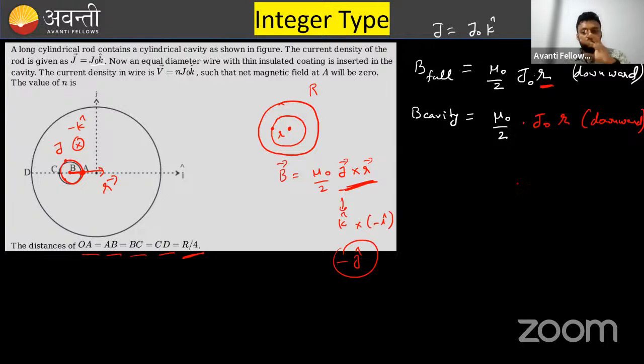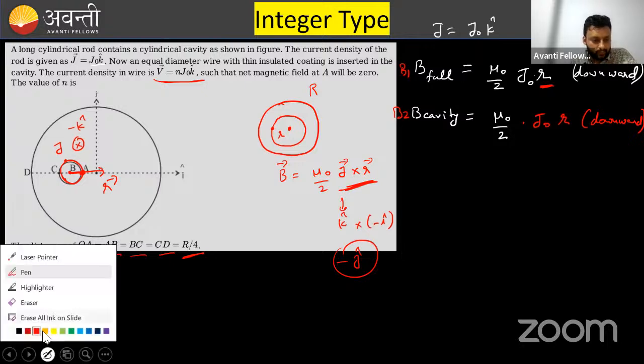Now this is due to the original wire and cavity. We calculated B1 and B2. Now they have inserted some new kind of wire inside it, which has some different density, N J naught. So for the new wire that we inserted, let's suppose the field is B3.